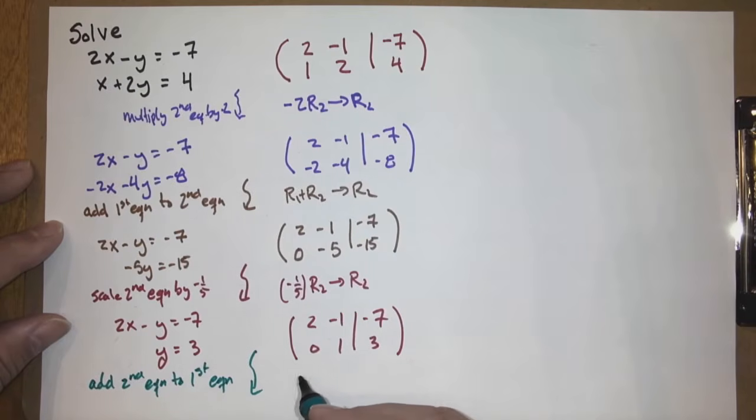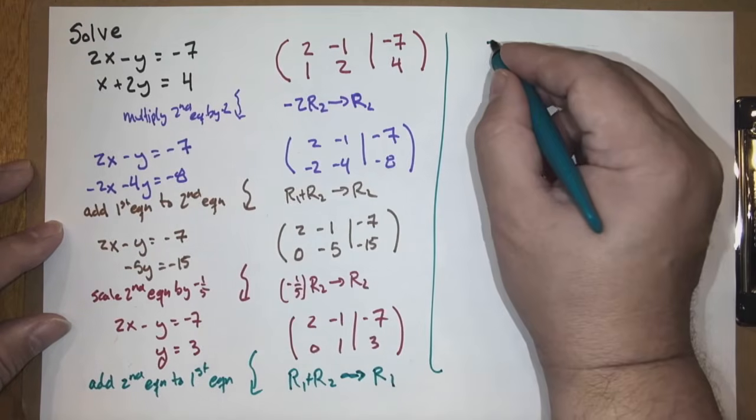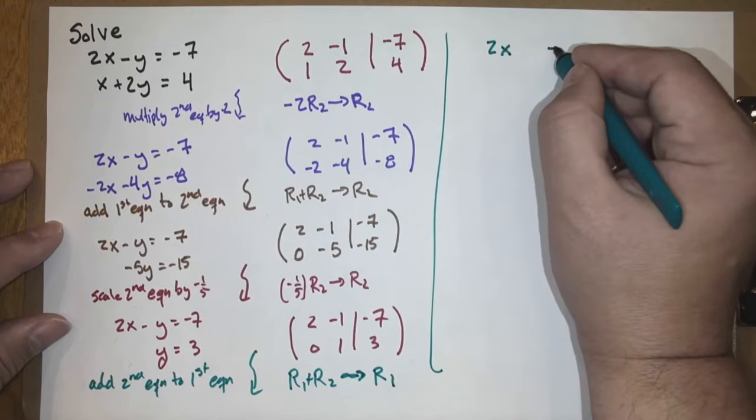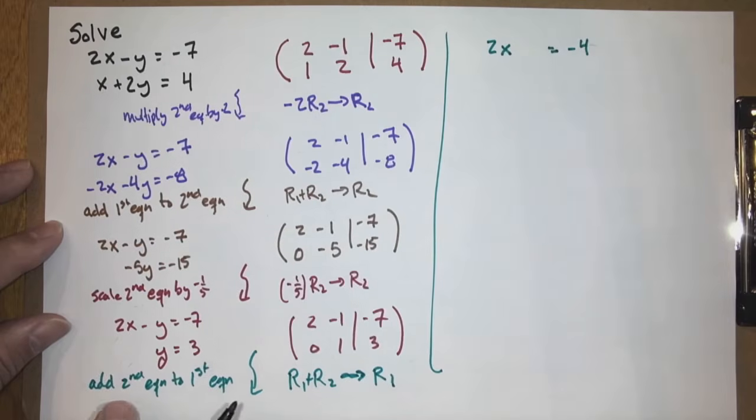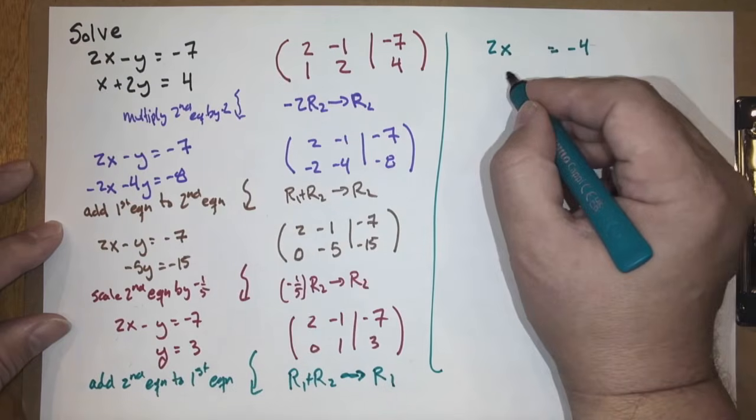Now, in terms of notation, that says if we take row 1 plus row 2, that's going to become our new row 1. So we now have 2x equals -4, because we added 2x plus nothing is 2x, y plus -y is 0, 3 plus -7 is -4.